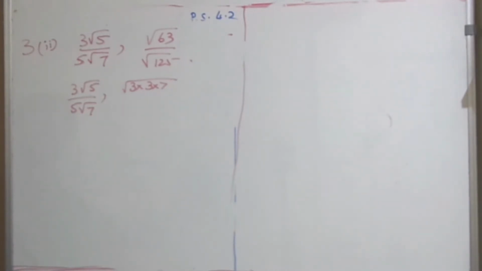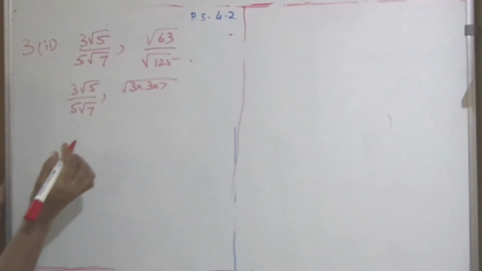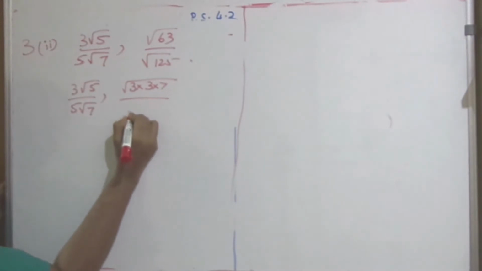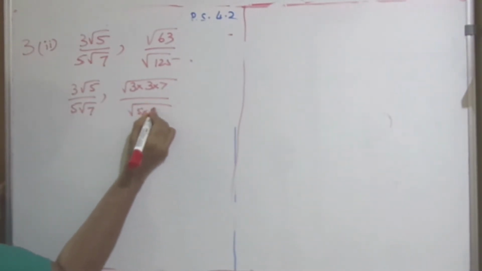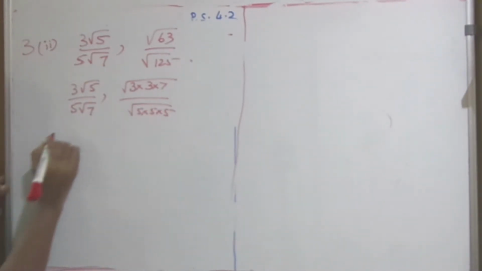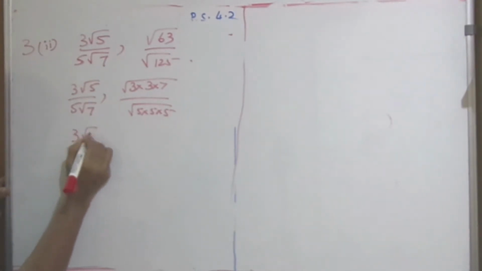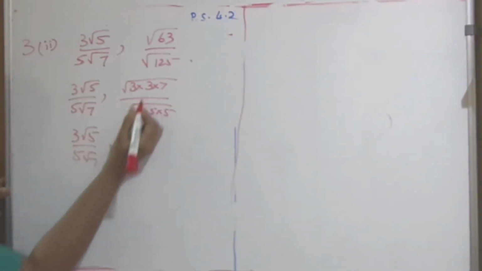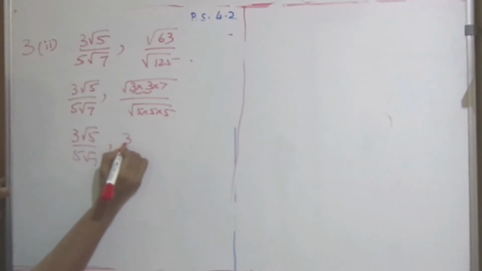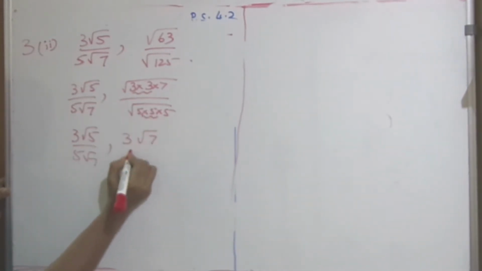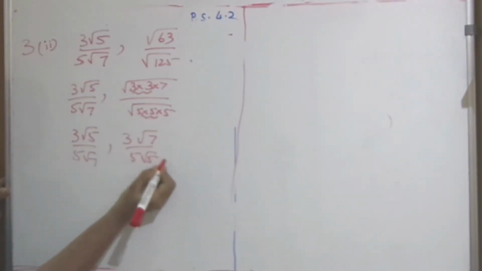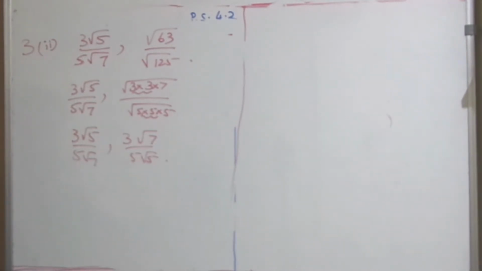Root 125, the prime factors are 5 into 5 into 5. Now here you can see 2 3s, that 1 3 can be removed out, and here you can see 2 5s, 1 5 can be removed out. So you get like this.